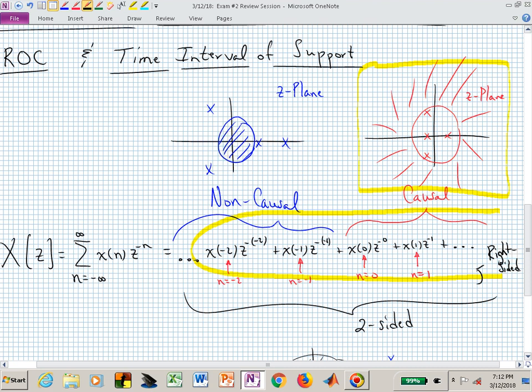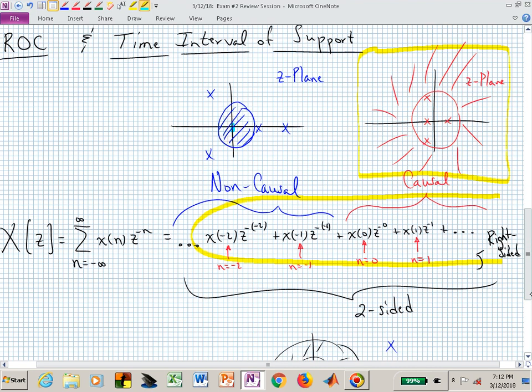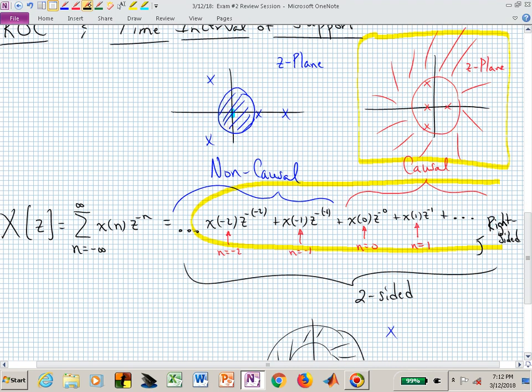What if in this one, and now maybe I picked a poor choice of color, what if I excluded the origin? So here for right-sided, I should say that infinity is not an element of the region of convergence for a right-sided.